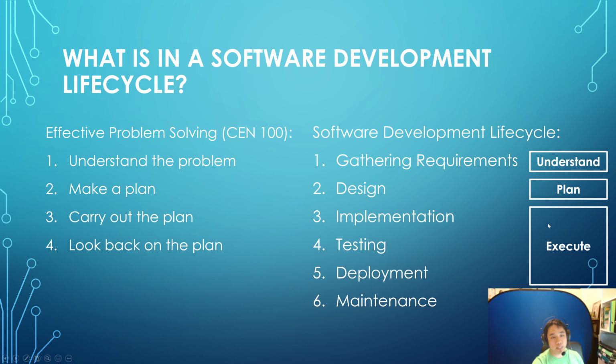Then we execute the plan by implementing, testing, and deploying our programs or apps. And finally, we look back on the plan by maintaining it and providing updates to maybe fix bugs and all that stuff.